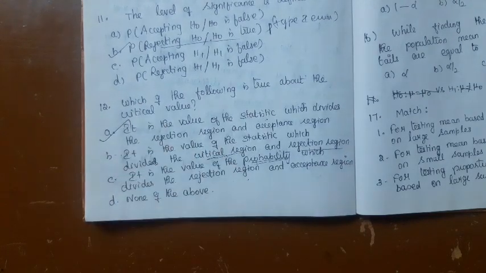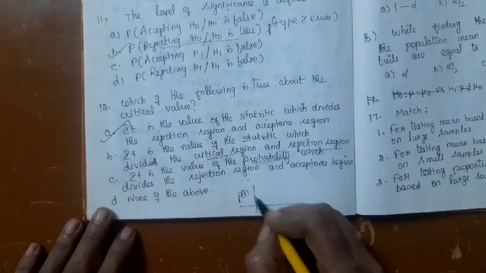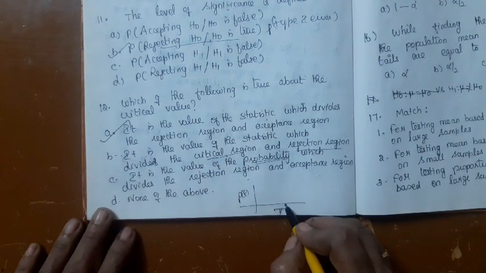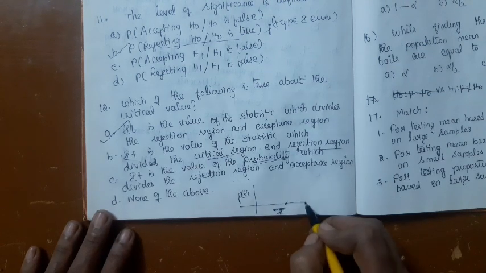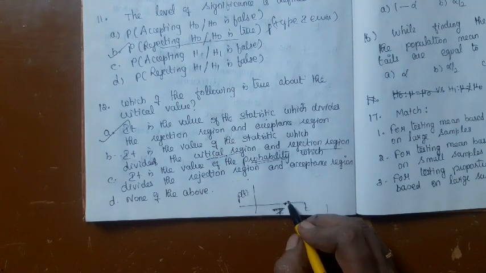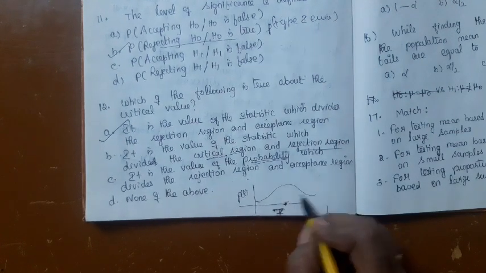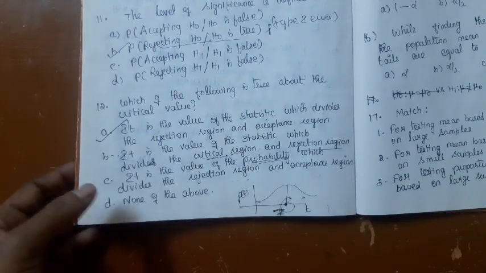So option A is correct. For the test statistic, which may be Z or t or F, the value which divides the critical region and acceptance region is called the critical value.